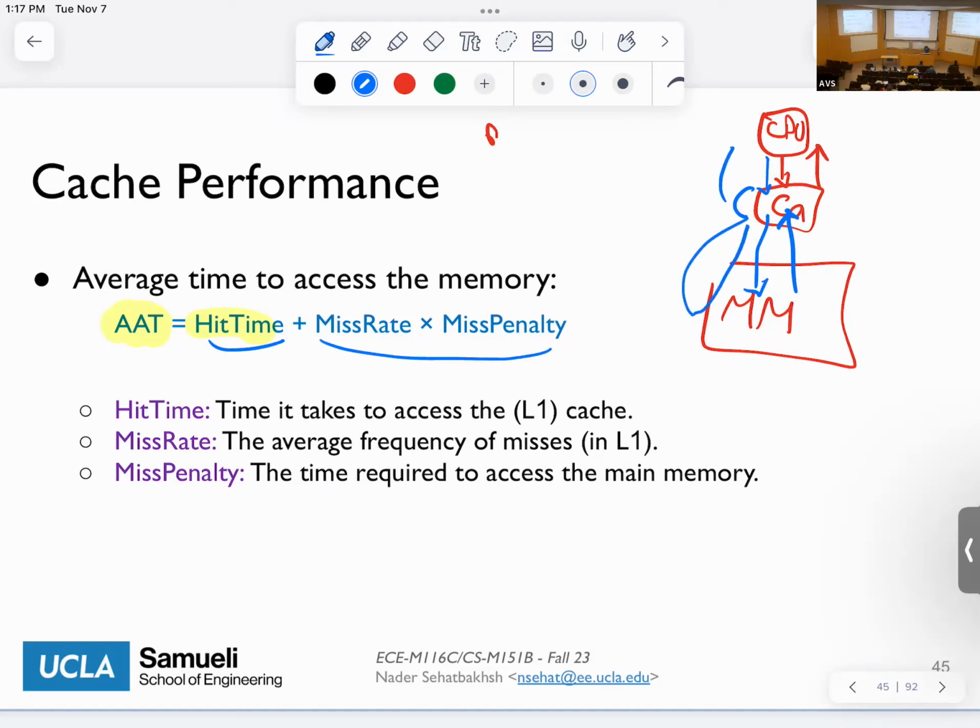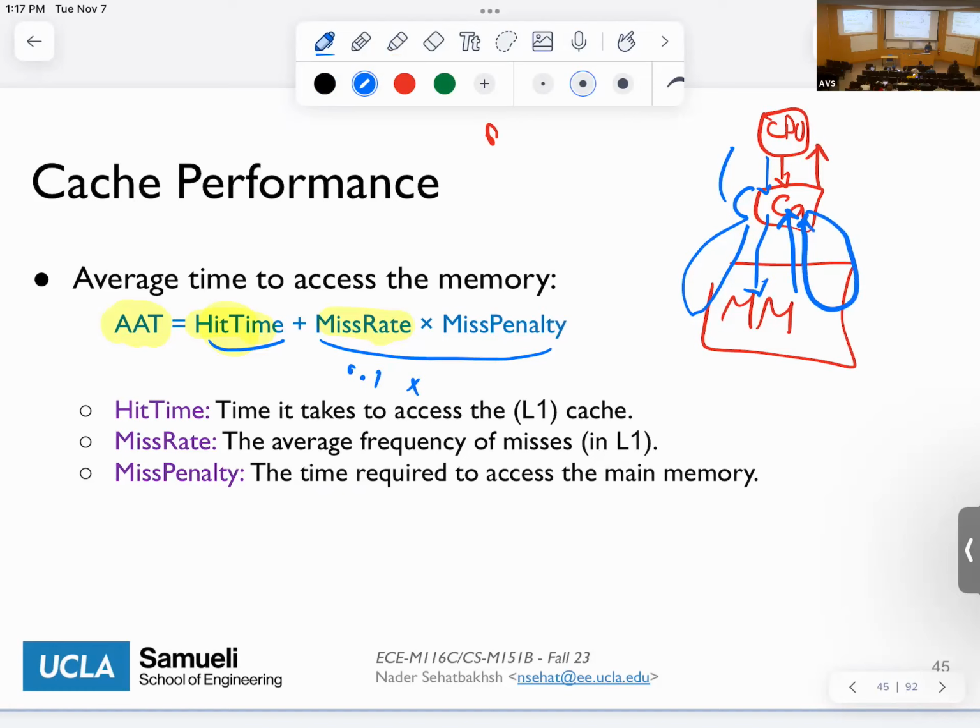How often do we go to the main memory? That's the miss rate, right? So if 90% of the time I'm hitting the cache, that's the only time I'm just using the hit time. For the other 10 percent of the time that I go to the memory, that would be 0.10 times the miss penalty. What is miss penalty? The time it takes to bring the data back from the main memory.